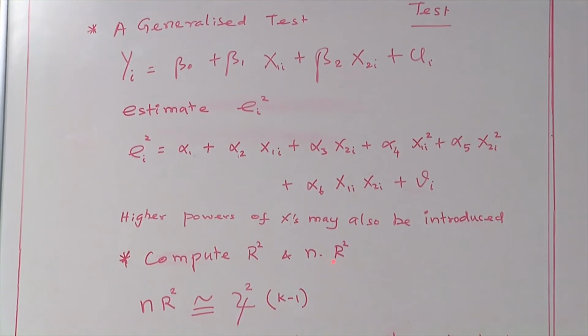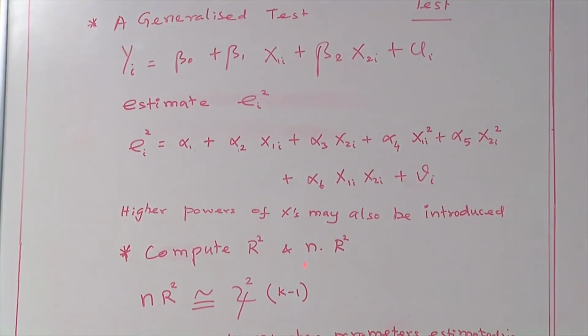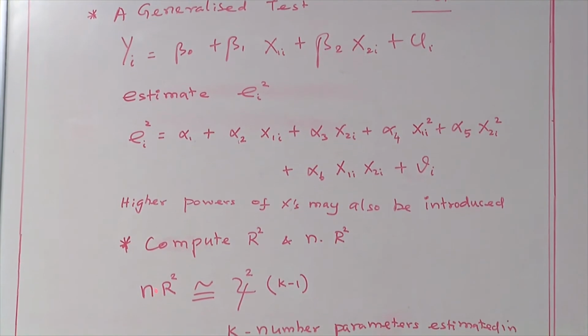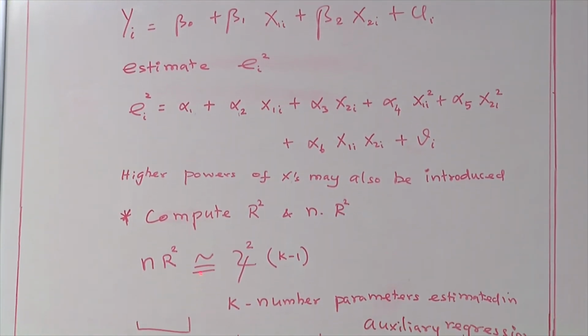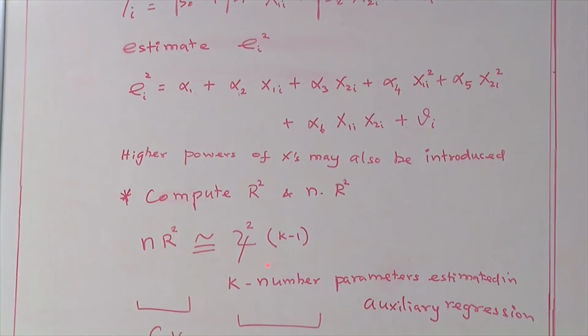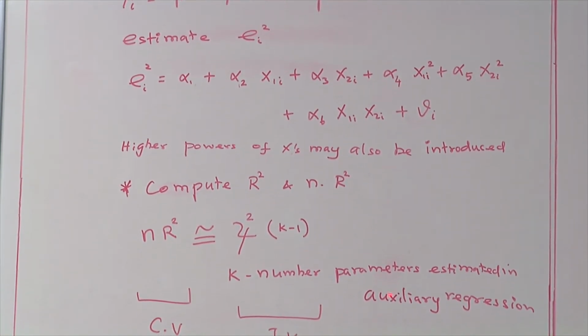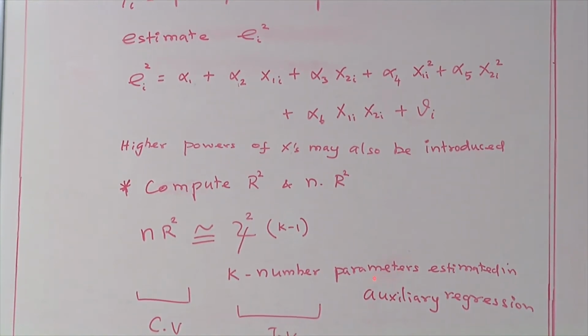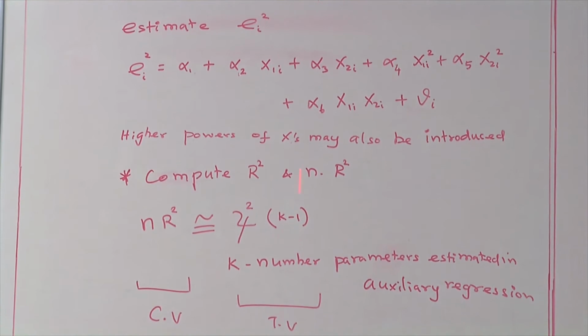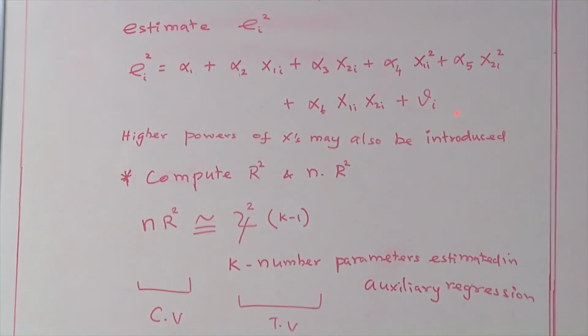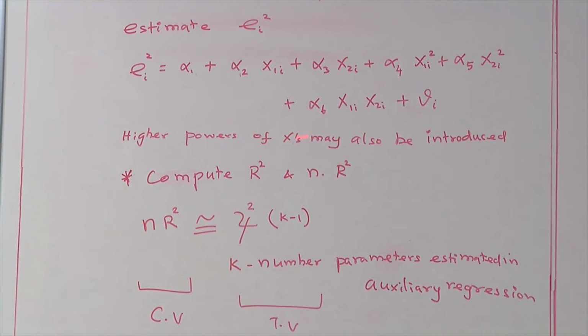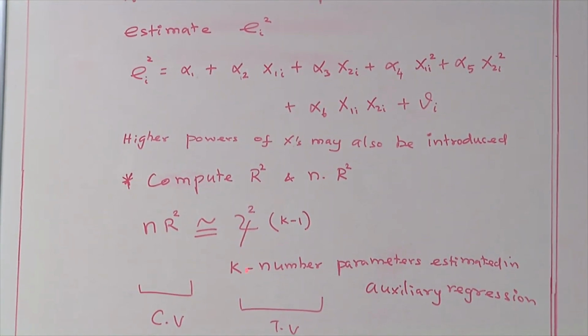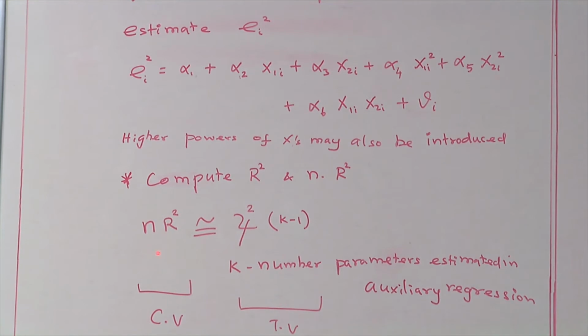The n times r squared is the test statistic. This n r square is found to follow the chi-square distribution with k minus 1 degrees of freedom, where k is the number of parameters estimated in the auxiliary regression. Here we are estimating 6 regression coefficients, so k is equal to 6, and k minus 1 is 5.